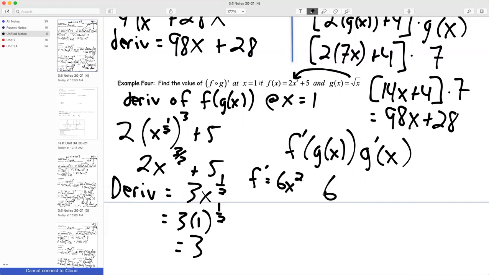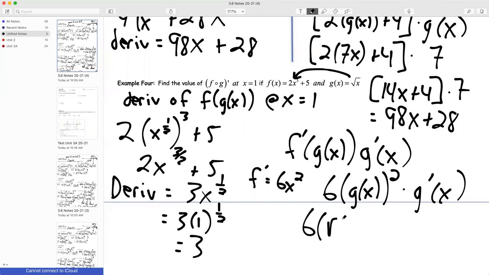So let's see, I've got 6, and then I'm going to substitute in g of x for my variable, and that's squared. And then I multiply times g prime of x. And so now what is g of x? It is the square root of x. So I'm going to substitute that in here. So I've got 6 square root of x squared times the derivative of g of x. What's the derivative of x to the 1/2?